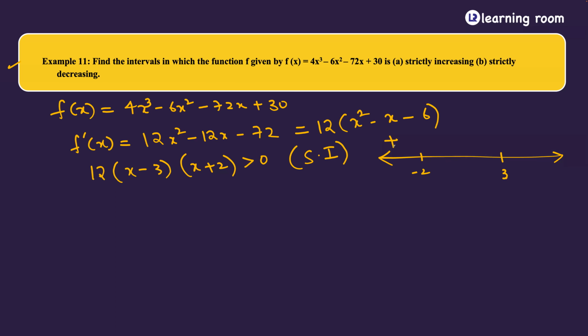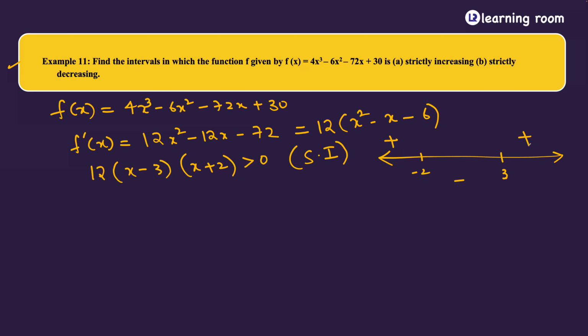Any value between minus 2 to 3, best number is 0. Substitute it: minus 3 into 2. So it is going to give me a negative value. So any value between minus 2 to 3 will give me a negative value. Any value greater than 3, take 4. 4 minus 3 is positive, 4 plus 2 is also positive. Positive into positive is positive.